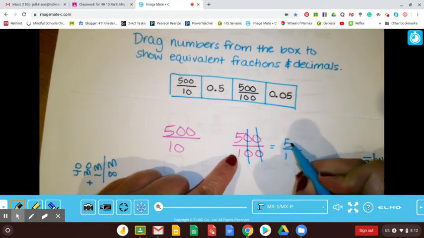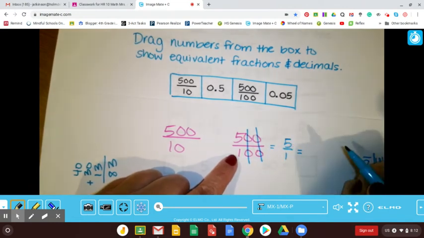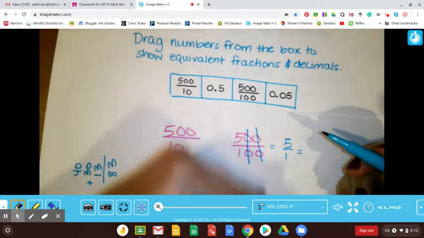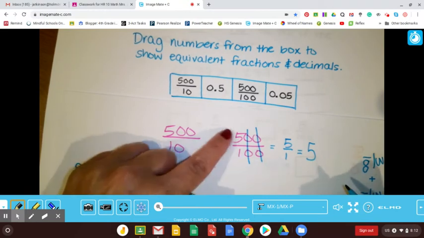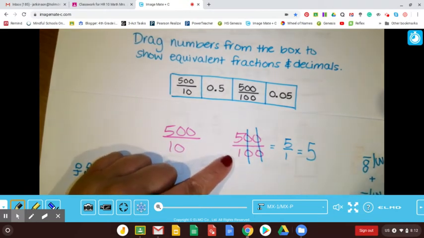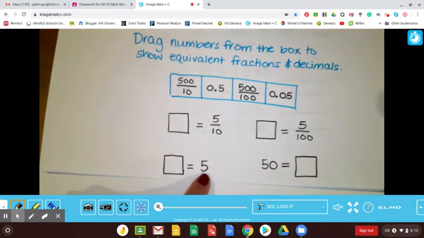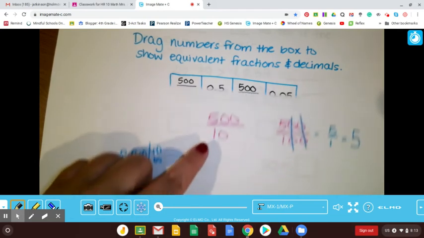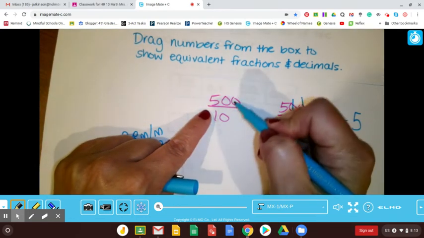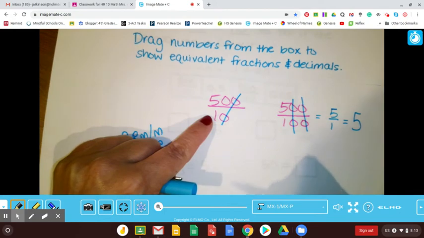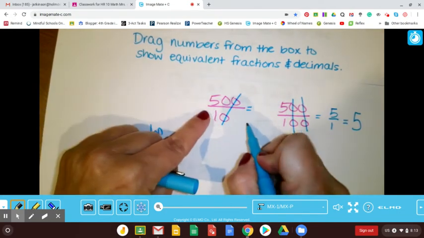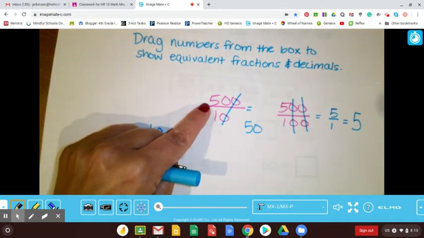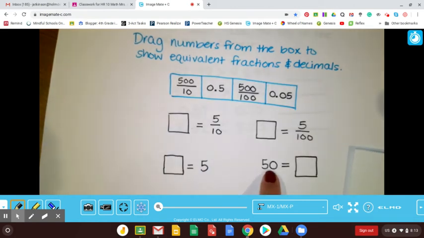And whenever we have a numerator that is greater than the 1, it kind of sinks it down. Anything over 1 is just that whole number 5. So 500 over 100 would actually be the same thing as 5. And let's see if that works for our other guy. I can cross out those two zeros. And what am I left with? A 50 over a 1, which is really just a 50. So that would be that one, right? So it kind of goes there.